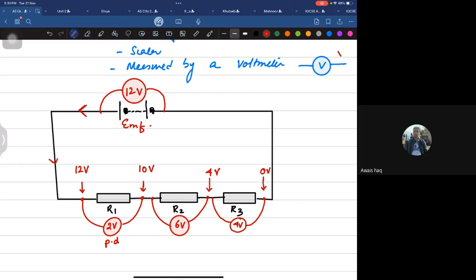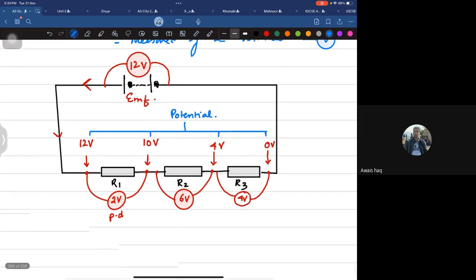So these numbers that I've written right here, you guys need to understand that these numbers are potential, and across any 2 points, when you find the difference of that, that gives you the potential difference.